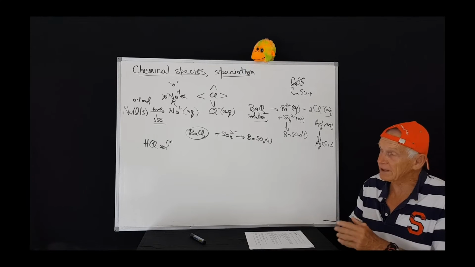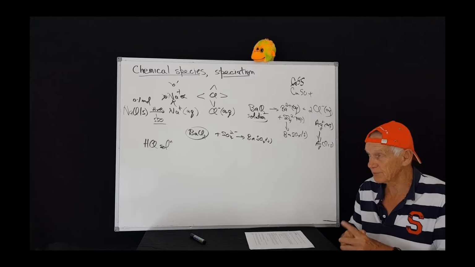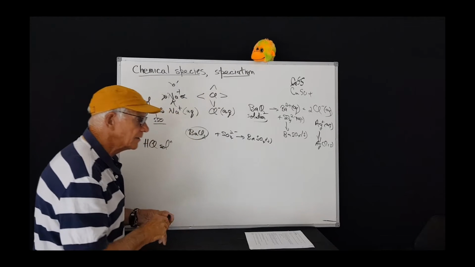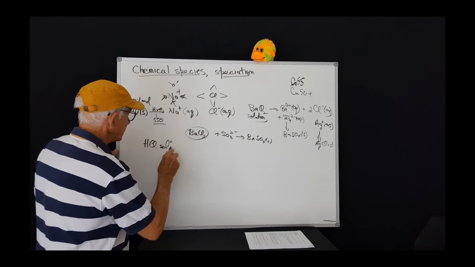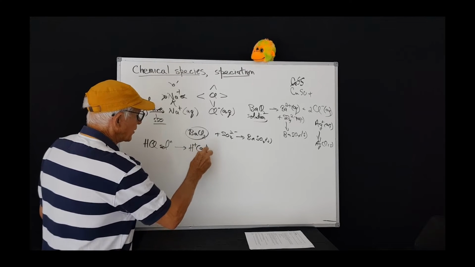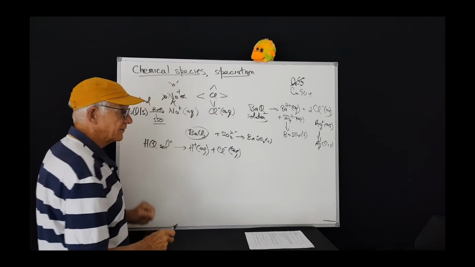There are only aquated hydrogen ions and aquated chloride ions. Pretty sure about that. Good. Good, Ozzy. And we would write that as HCl forms H plus aquated ions and Cl minus aquated ions.